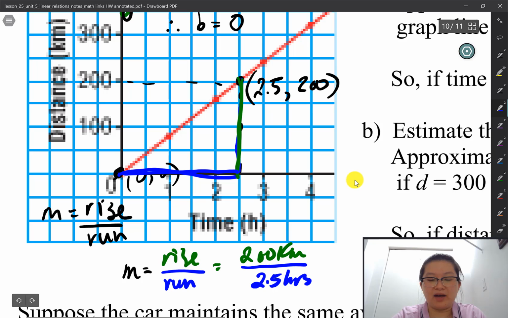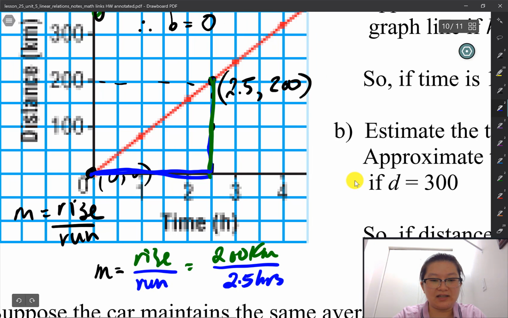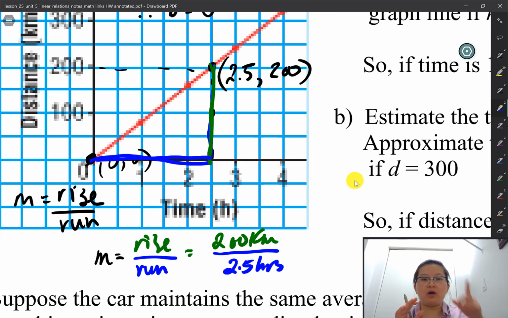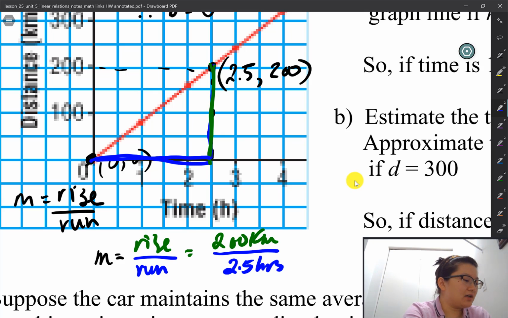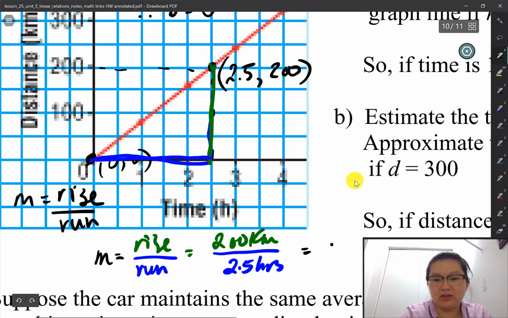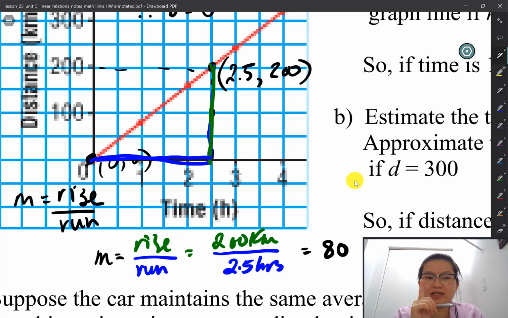So now I have my slope, and notice it's kind of like a rate: how much I'm going up per unit that I'm going across. It's like a ratio of your y-axis over your x-axis. So if I calculate this out, this is 200 divided by 2.5, I get 80. And 80 is going to be my slope. Now the other thing about the slope is that it also has units.